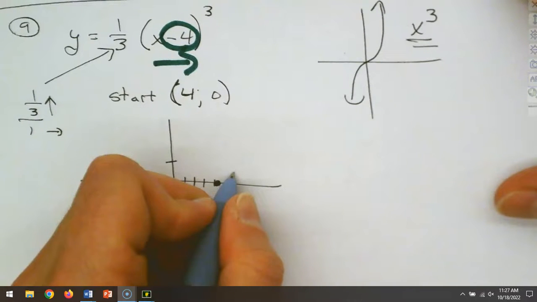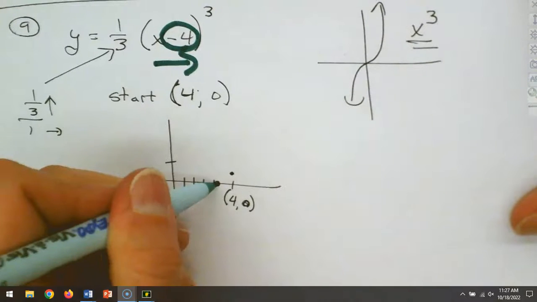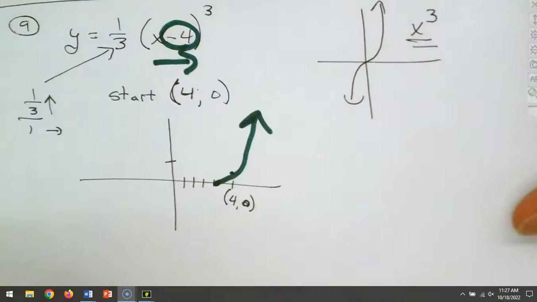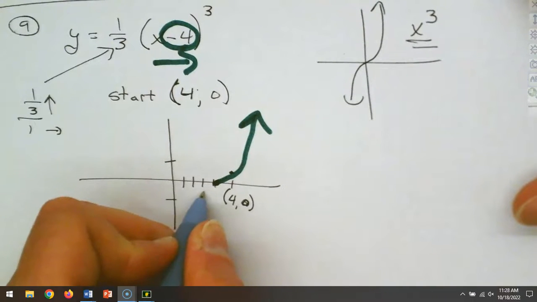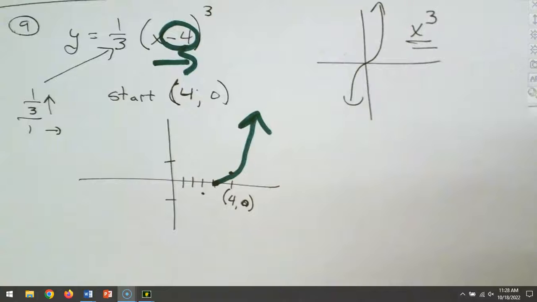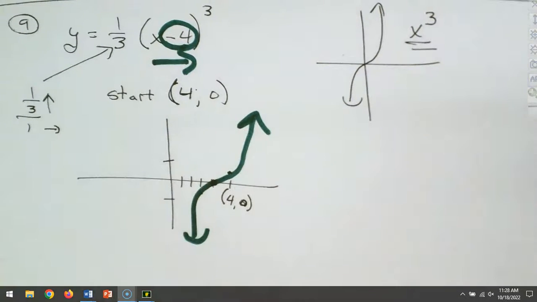So we just go up a little bit, up about 1/3 over about 1. Make our curve. How do we get the other side? We go down about 1/3 over about 1. And there's your picture. Is everyone okay with how I slid that around?